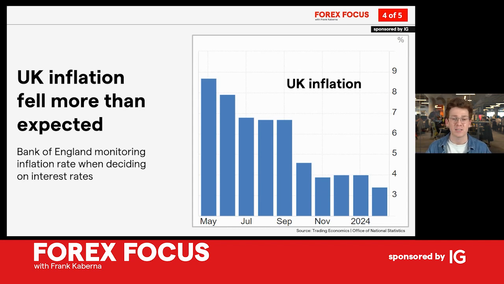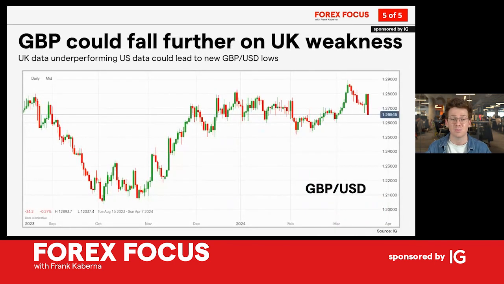And now you might see the Bank of England cutting a little bit sooner than expected, and maybe sooner than the U.S. And that'll definitely affect this pound dollar price. Wondering how far it could fall. Well, remember that as recently as just about 6 or so months ago, this market was toying with 121.